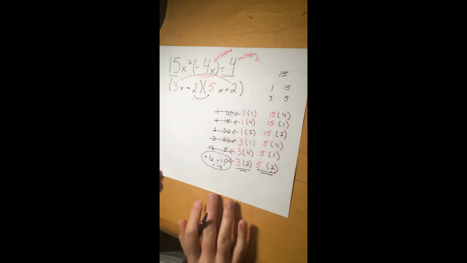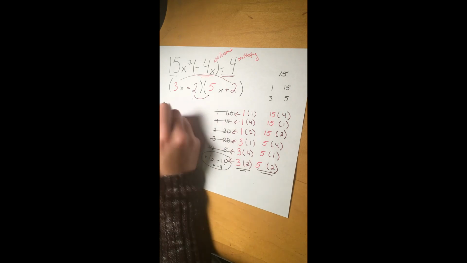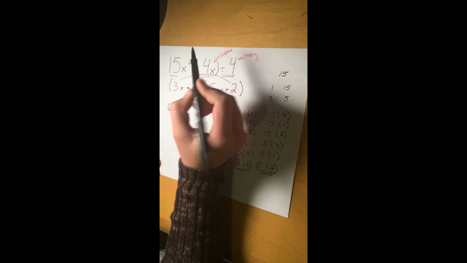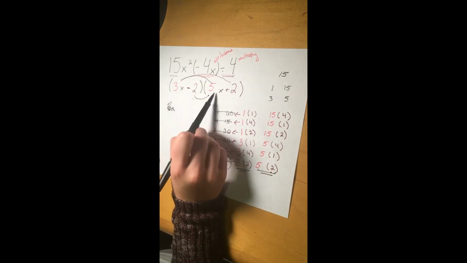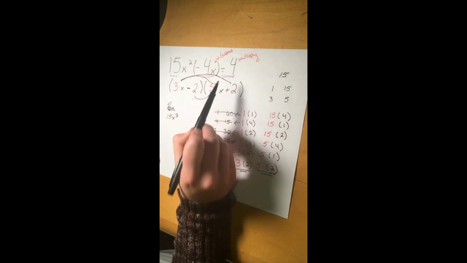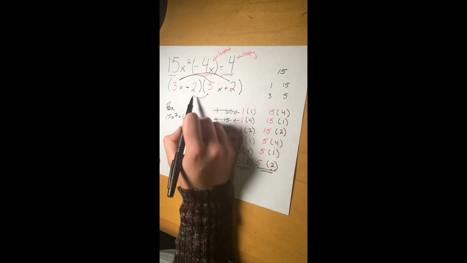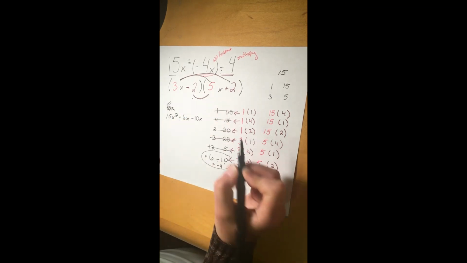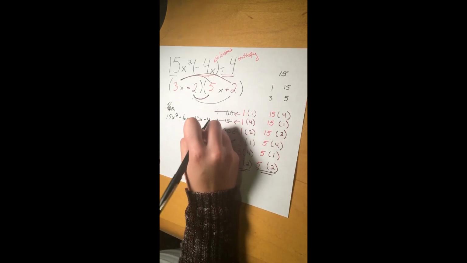That's a positive. Now if we want to check this, first we go here, 3x times 5x, 15x squared, outer 3x times +2, so it's plus 6x, inner -2 times 5x, -10x, that's the number we're looking for, and then -2 times +2 is a -4.